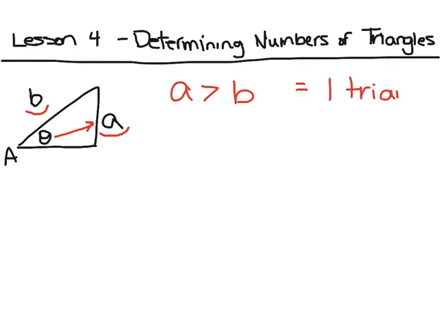And that's all you have to do. If you find that A is less than B, there's going to be three different options.